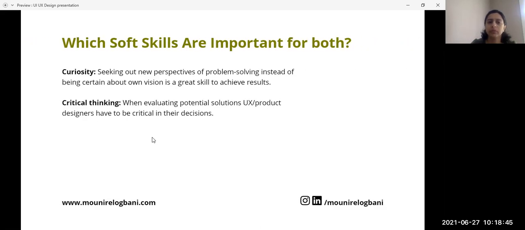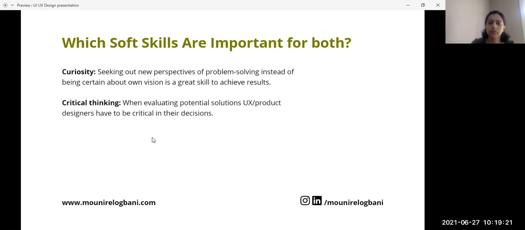Curiosity. As you know, in order to be a UX designer or product designer or anything, you need to have curiosity for learning new perspectives and to be a problem solver, instead of just having great skills or wanting to achieve results.